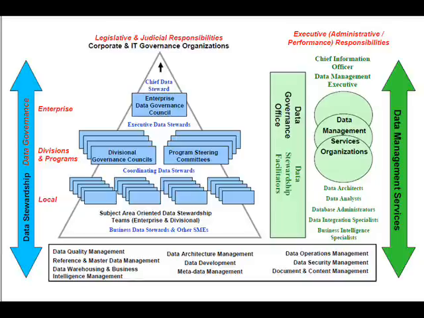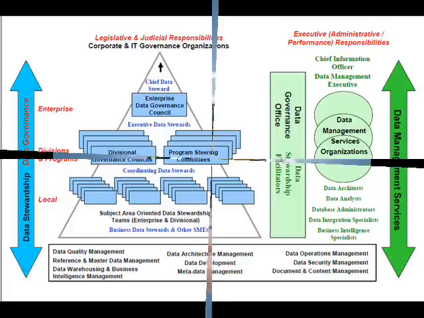They in turn oversee the coordinating data stewards and also the next level of subject-oriented data stewardship teams, which includes the business data stewards and other subject matter experts. These services collaborate to manage the functions of data management shown below in the black text, and we will talk about those in a bit more detail.